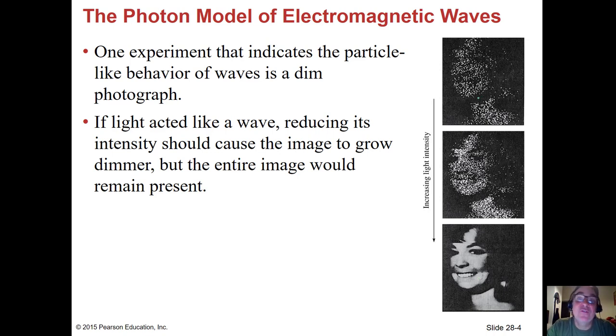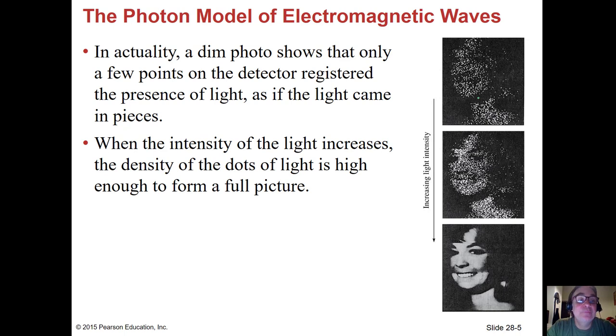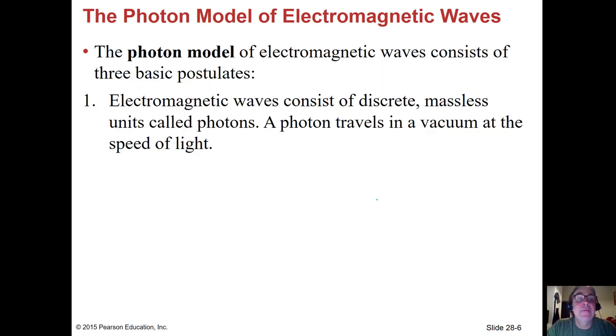So that's evidence that light sometimes behaves as a particle, and we'll see more evidence in just a few minutes. As it says here, in actuality, a dim photo shows only a few points of the detector registering the presence of light. Instead of the whole thing just being dimmer, you see that there are parts missing. So that's kind of a synopsis of what I've just said.